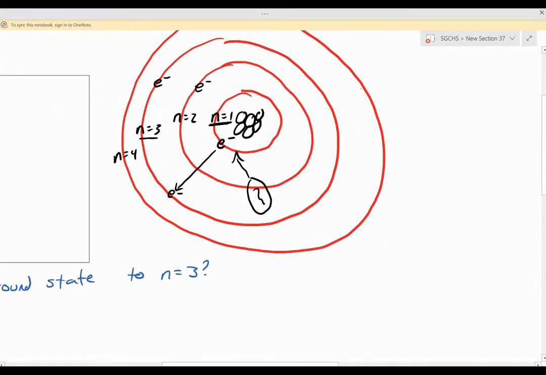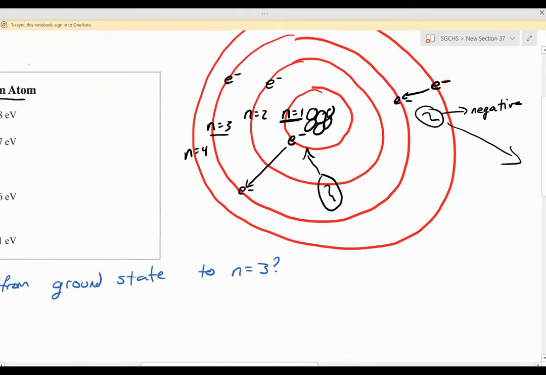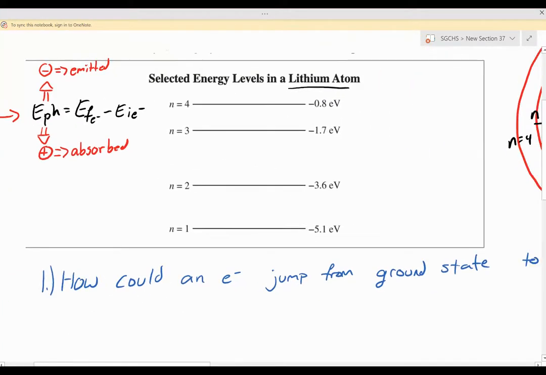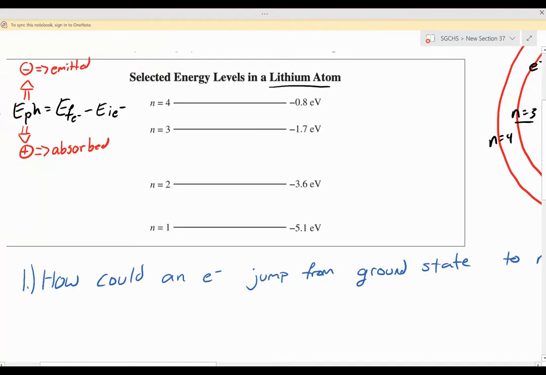So say we have an electron existing in the fourth energy state, so up here. If it jumps down to the energy state of n equaling 1, a photon will be emitted. And this is going to be a negative energy in terms of your atom. Okay, it lost that energy of that photon. So if you have a negative photon's energy, that means it has been emitted.